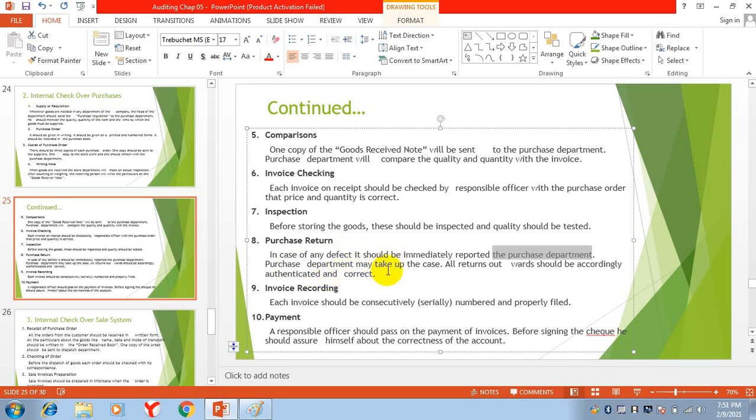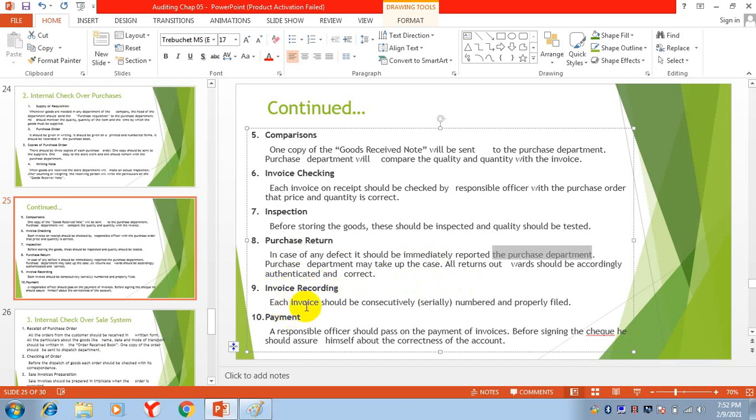The purchase department may take up the case. All returns outwards should be accordingly authenticated and correct. Then the purchase department will return these goods to the supplier.